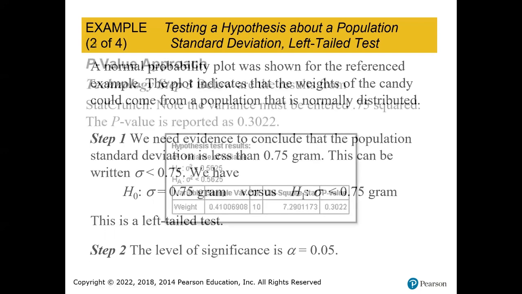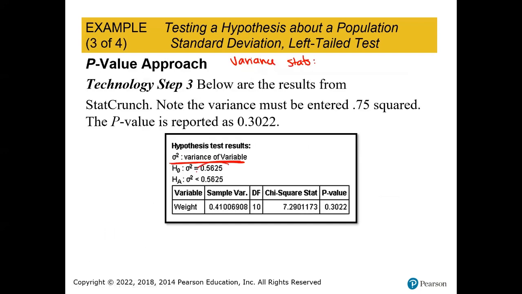But there's one step that we have to do when we enter our values into StatCrunch, because when I pull up my test here, it's going to ask me for my variance. I only have the standard deviation. So it says right here, note that the variance must be entered, which is taking 0.75 and squaring it, or taking 0.75 times itself. This is the value that is entered into your hypothesis.